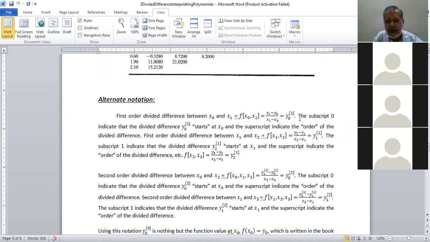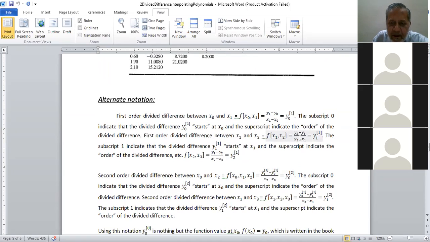I had introduced this notation. First order divided difference is the slope of the line joining first 2 points x naught y naught and x1 y1. I can have many first order divided differences.